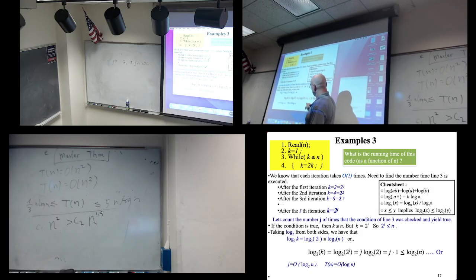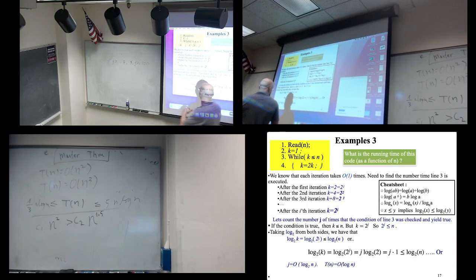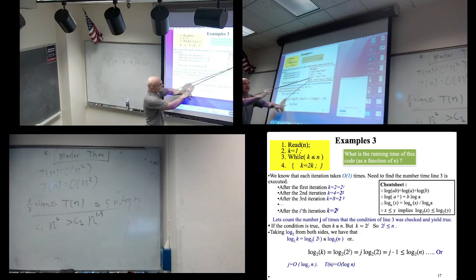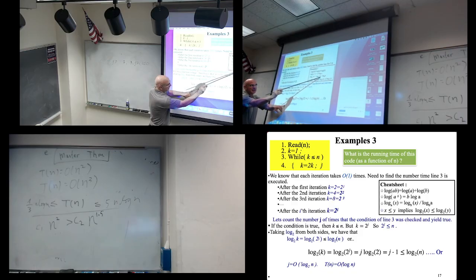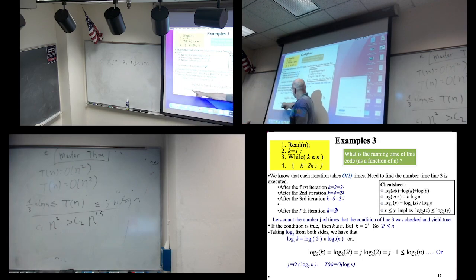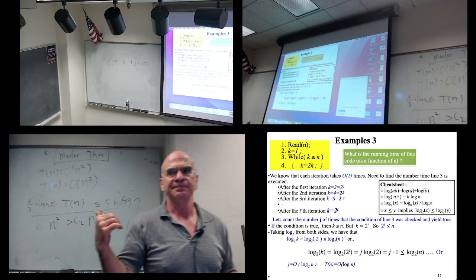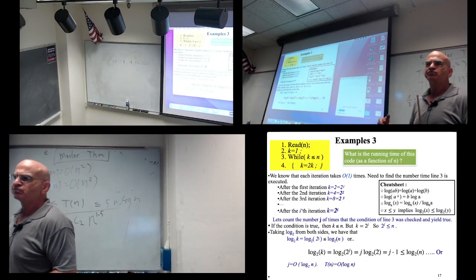So if I write that it's order of log 2 of n, then I can also write that it's order of log to the base 10 of n, just because changing from one base to another, log to the base a of x is log to the base b of x divided by a constant, and we don't care about constants. So when I write that it's log to the base 2 of n, I can write it's log to the base of whatever you want of n, or just don't write the base at all, just log n. Questions about it? Is it the natural log or the log base 10?